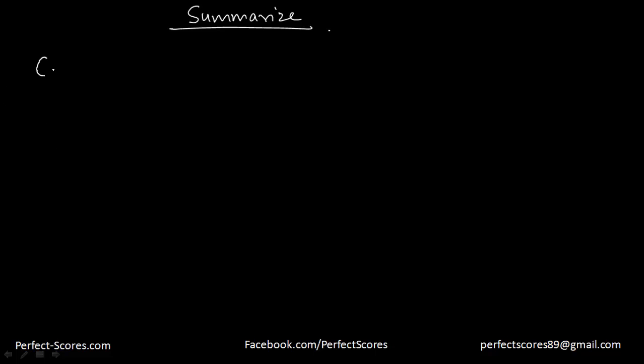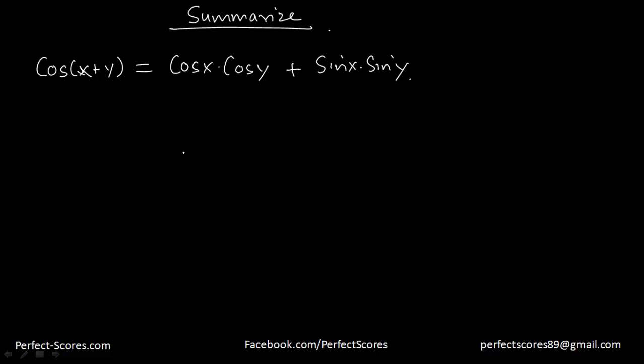The first important result was the value of cosine of x plus y, which is equal to cosine of x into cosine of y plus sine of x into sine of y. So that's the first important result.